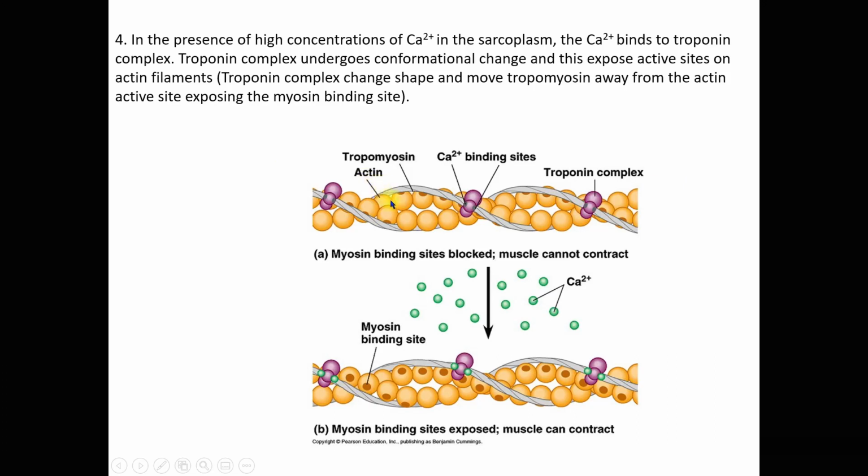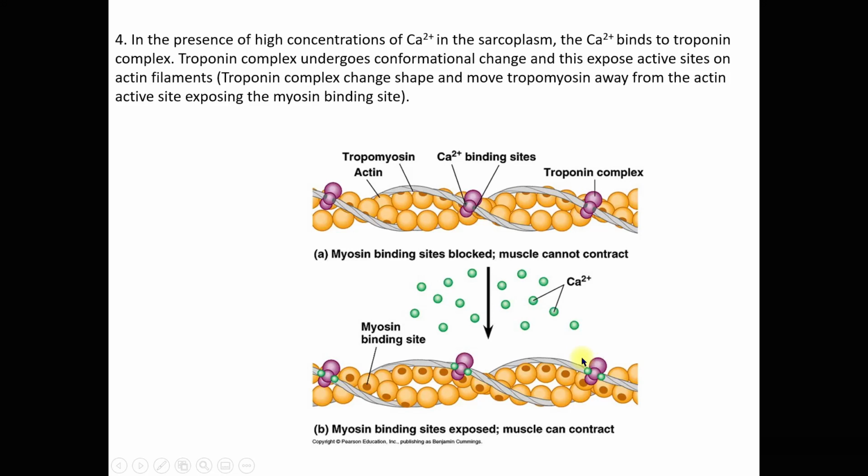You can see these are the troponin complex. This troponin complex has calcium ion binding sites. So when calcium ion binds to this troponin complex via the calcium ion binding sites, the troponin complex will undergo conformational change, and this will expose the active sites on the actin filaments.